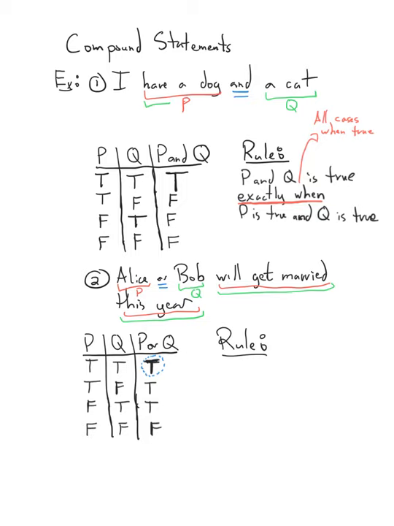So if you look at this, this is almost a mirror image of the and, but instead of only being true when both are true, this is only false when both are false. So let's say here, P or Q is false exactly when, which means this is all of the times it is false, exactly when P is false and Q is false.